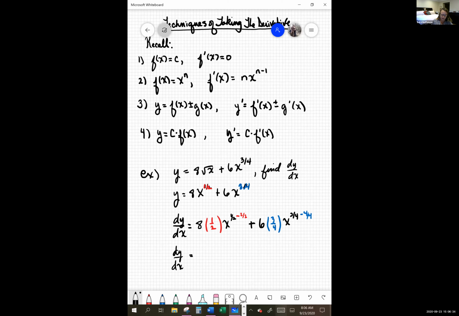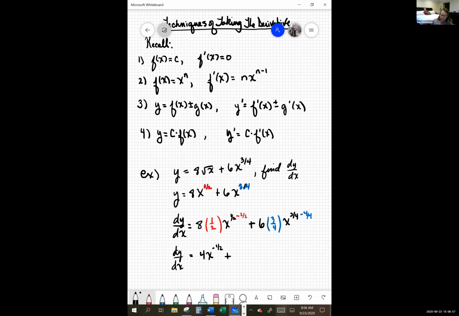is equal to, well, let's simplify, 8 times 1/2 is just 4. x, and then 1/2 minus 2/2, that's a negative 1/2. Plus, and then again, let's simplify here, 6 times 3/4. Well, 6 and 4 both have a 2 in common.